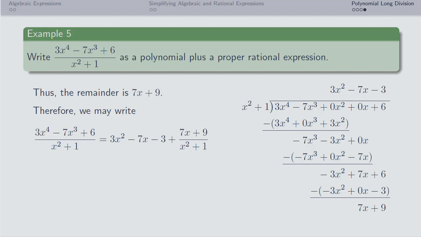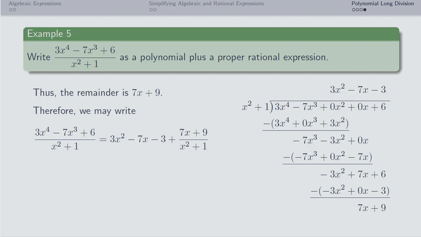Now, a little bit about why I would want to do this. When we get to talking about trying to understand how a function behaves, how an expression like this depends on x, here it's a little bit easier to think about. Because if I let x be really, really big, x squared plus 1 is going to be a lot bigger than 7x plus 9.